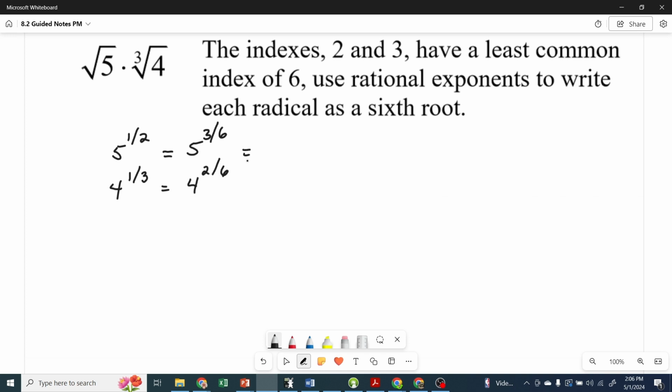Now we go back to radical form. This is equal to the sixth root of 5 cubed, and this is the sixth root of 4 squared.